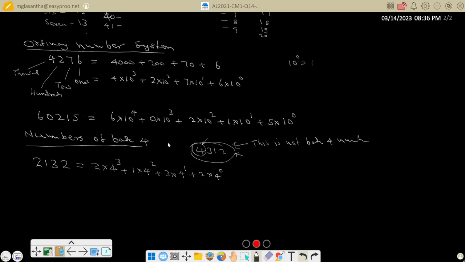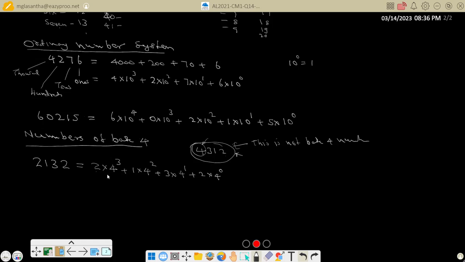Now if you expand like this, a base 4 number can be expanded. But 4 cannot be included on the left hand side, though 4 is there on the right hand side.